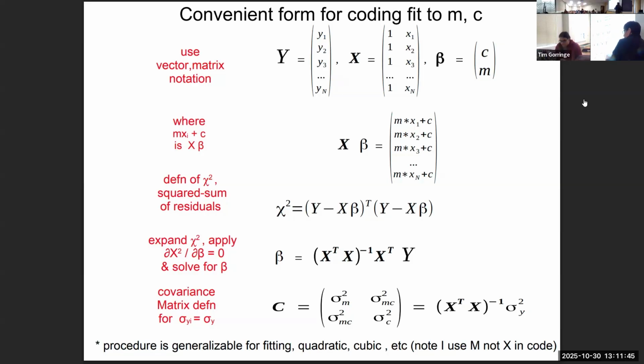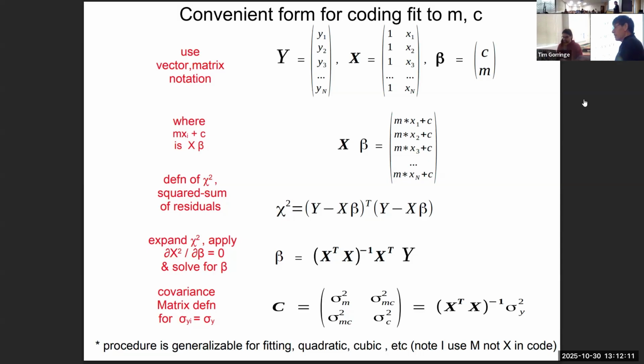Now at this point, a couple of slides ago, we said, what are the best values of M and C? We said they correspond to where this quantity chi-squared is a minimum. So let's differentiate with respect to M and C. The equations that we get from differentiating with respect to M and C, let's solve them for M and C. That's what we did.